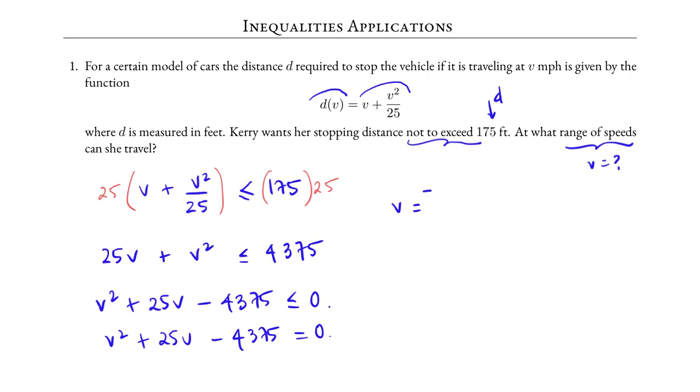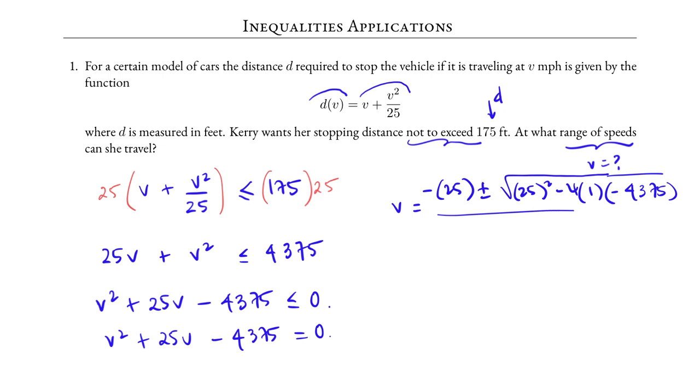V equals negative b plus or minus the square root of b squared minus 4a times c, c is negative 4,375, over 2a. But the speed is positive, so we will only use the positive number v.